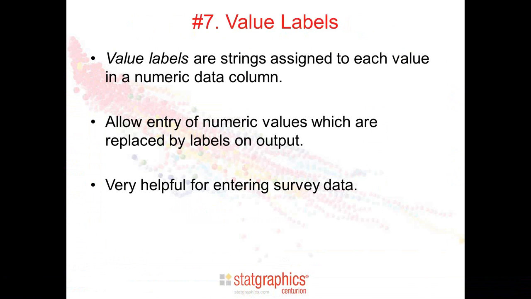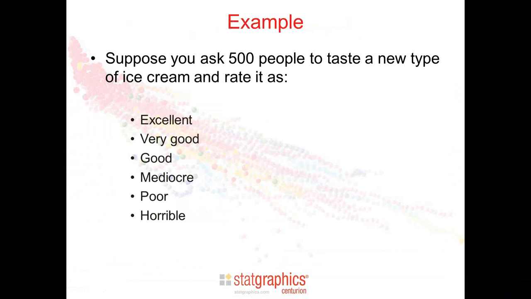It's something that was asked for a couple years ago by folks that were analyzing survey data. You know, in survey data, it's very typical to have integer values, you know, rate something on a scale of 1 to 5, but then to want to give a name to each of the levels. I thought we could do a simple example here.